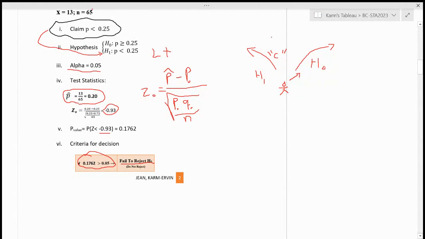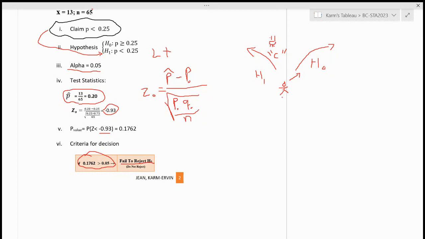Suppose somebody is here waiting to hurt you, and somebody told you, don't go left, go right. Will you go to H1 anyway? No. You go to H0 because you say fail to reject H0. Do not reject H0. That means go toward H0. That's what it means. Okay?